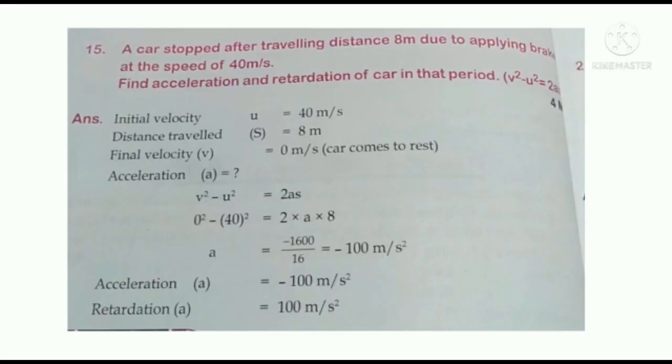Minus into minus becomes plus. So that is equal to plus 100 meter per second square. So finally acceleration is equal to minus 100 meter per second square. Deceleration or retardation is equal to 100 meter per second square.